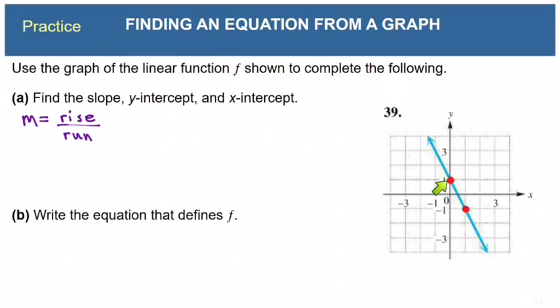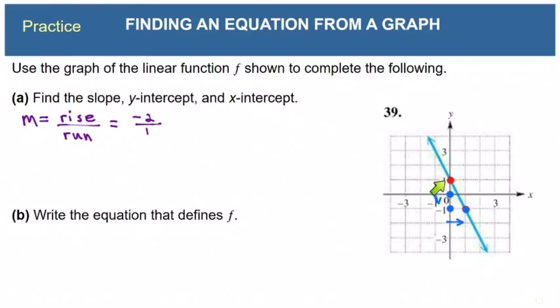Okay, so now I need rise over run. From this point to this one, the rise is down 2. So rise is -2. And from here to here, the run is +1. So our slope ends up being -2 over 1, which is -2.